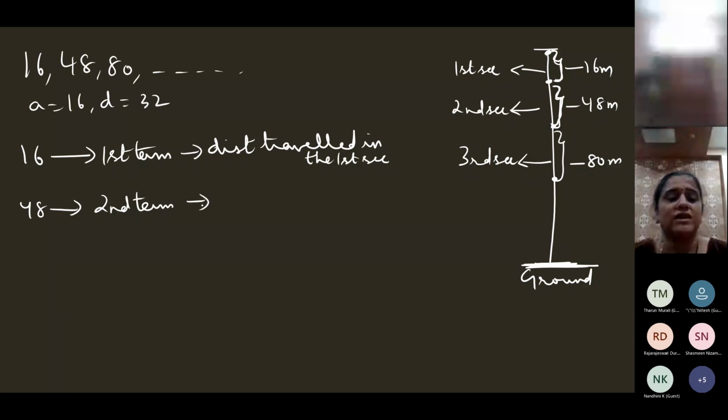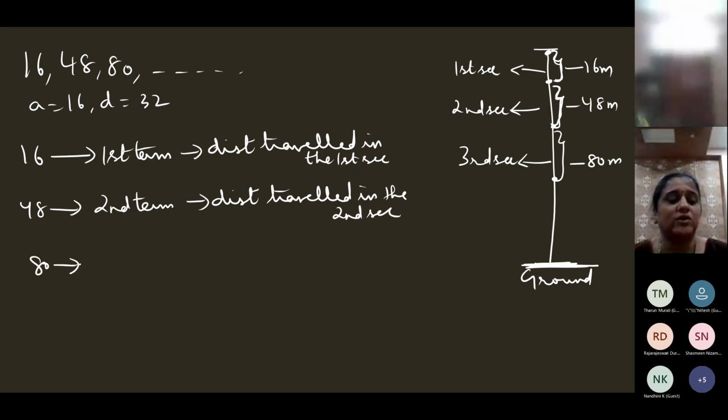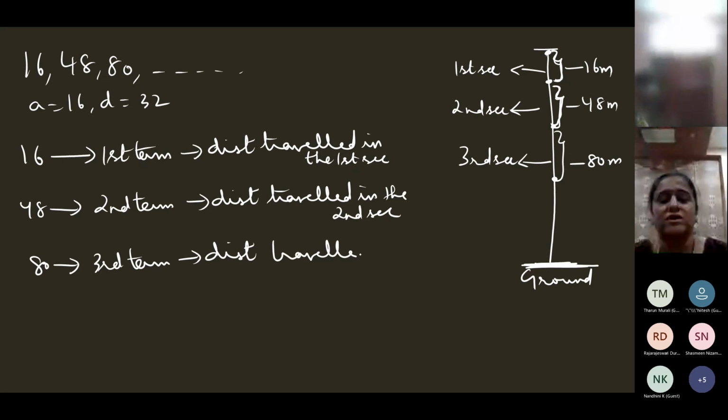It tells you the distance traveled in the second second. Then 80 is the third term. It tells you the distance traveled or covered in the third second.